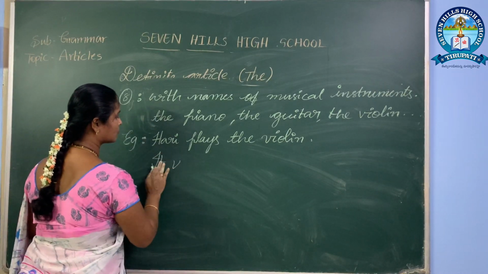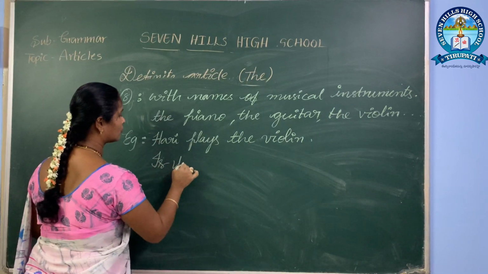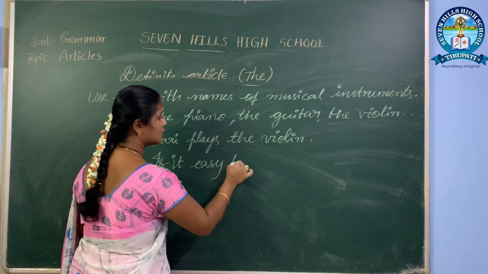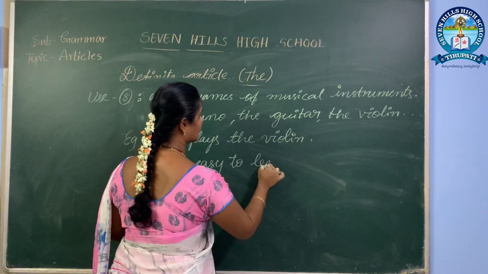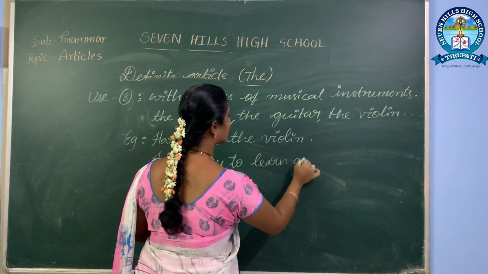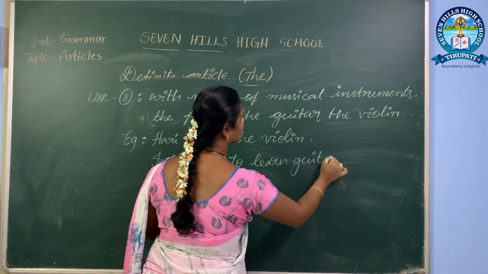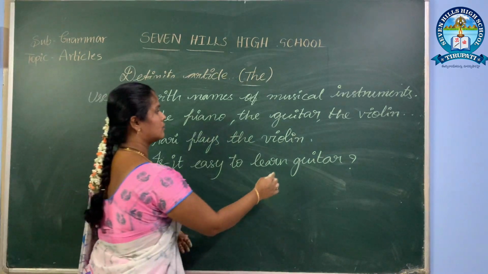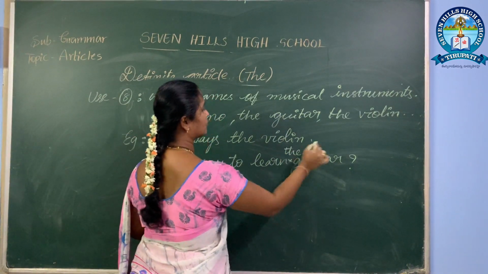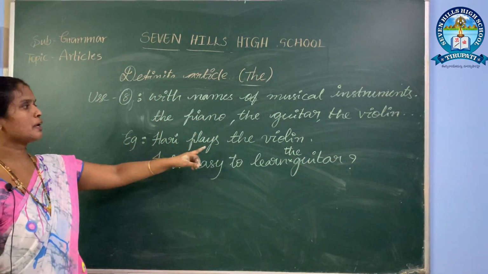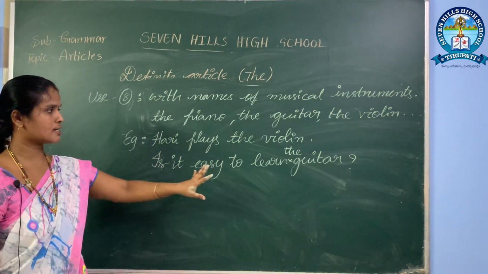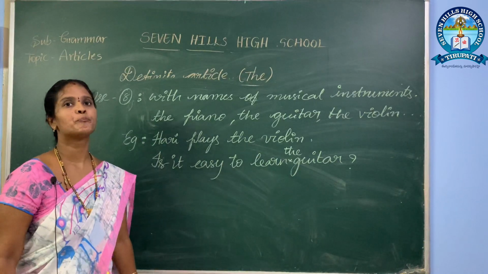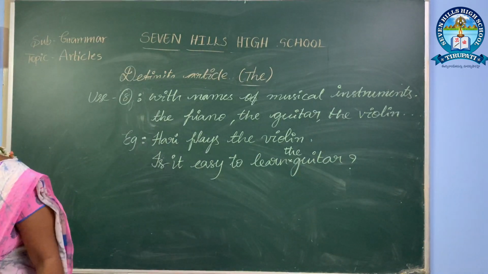Is it easy to learn the guitar? Okay, Harry plays the violin. Is it easy to learn the guitar? Before the musical instruments, we use definite article the.